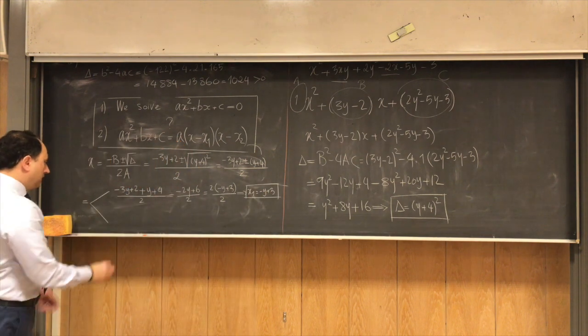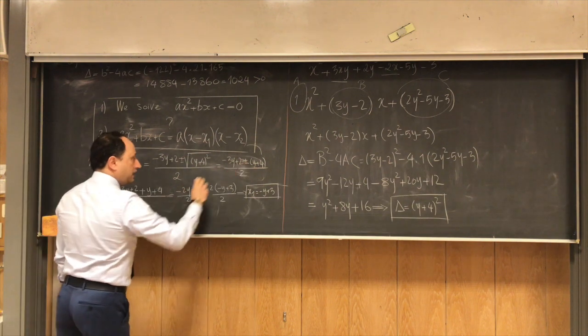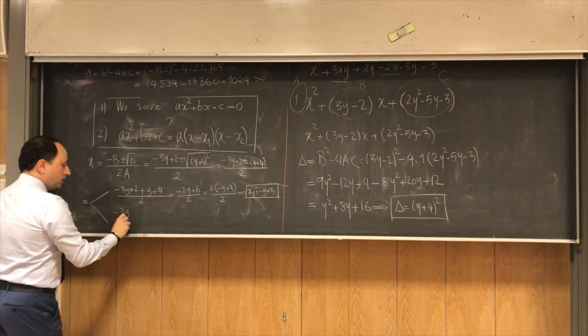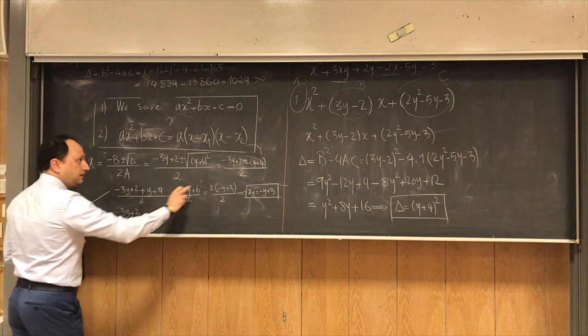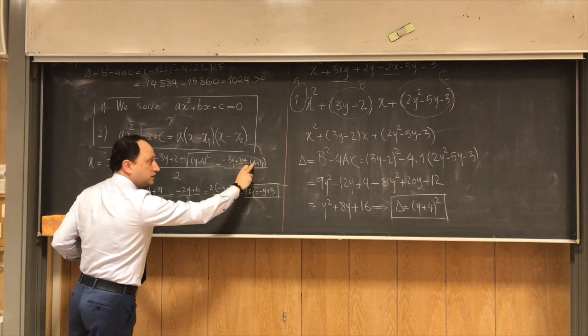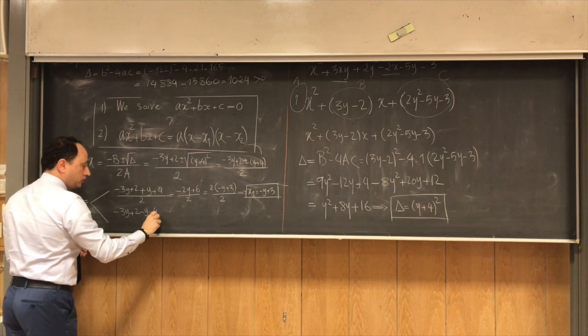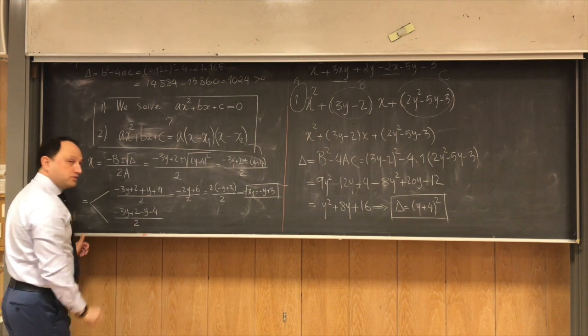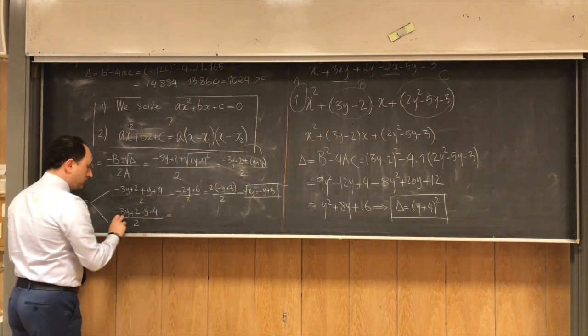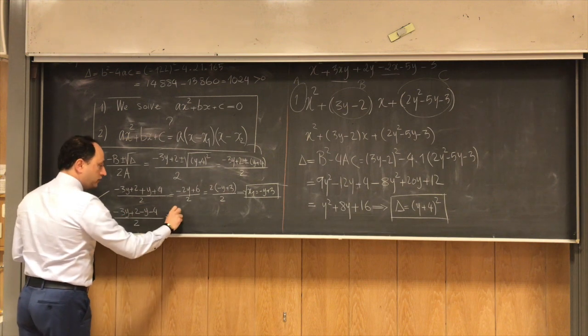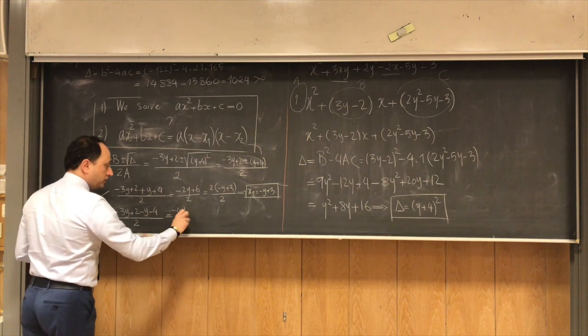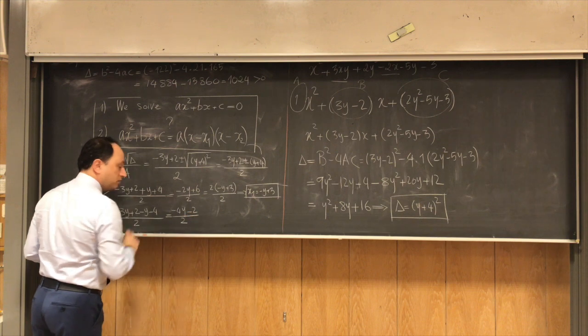Yes? And then the other one with the negative sign. So it becomes minus 3y plus 2. And then this negative sign is for the first one and the second one. So it becomes minus y minus 4. And then again divided by 2. So what happens? Minus 3y minus y is minus 4y. 2 minus 4 is minus 2, and then I have divided by 2.